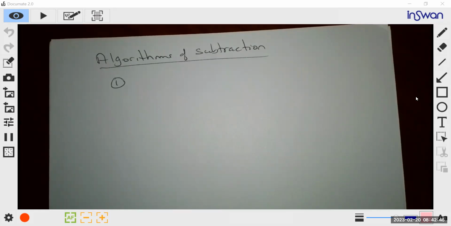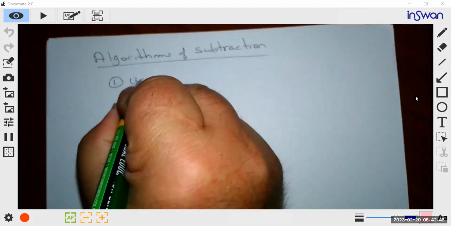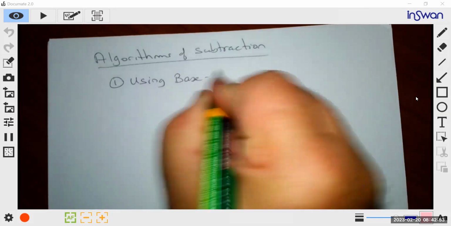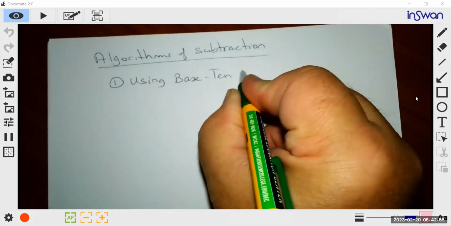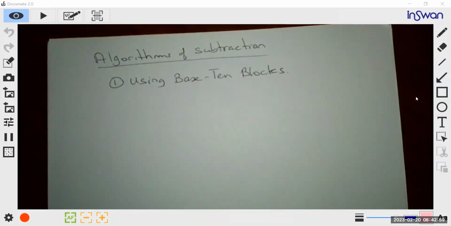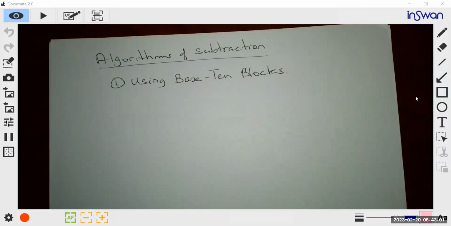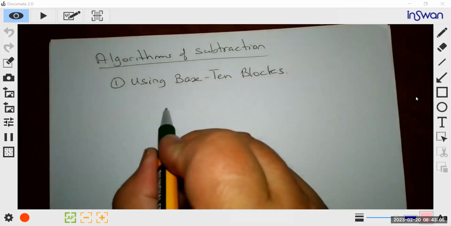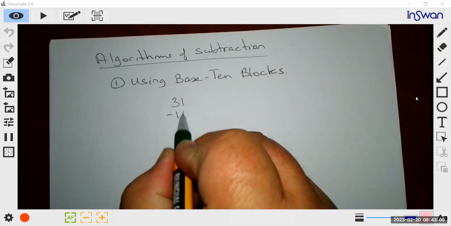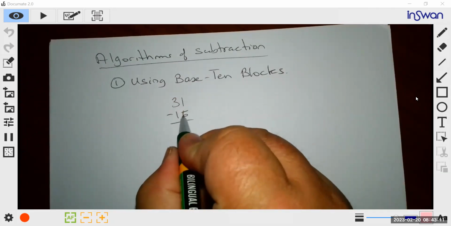It's the base 10 blocks. If you remember, we had 31 minus 16, or 15.